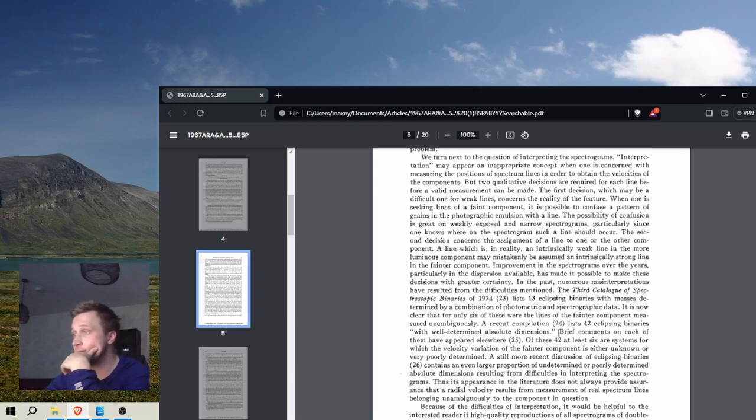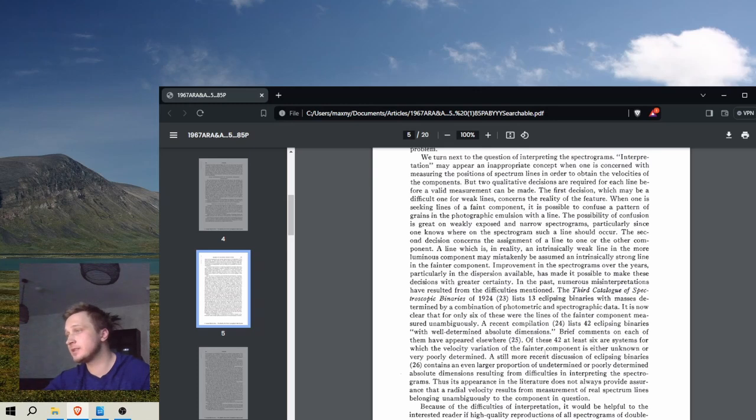A recent compilation lists 42 eclipsing binaries with well-determined absolute dimensions. Brief comments on each of them have appeared elsewhere. Of these 42, at least 6 are systems for which the velocity variation of the fainter component is either unknown or very poorly determined.